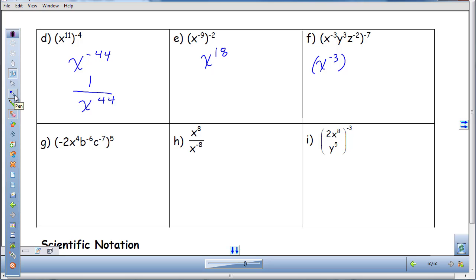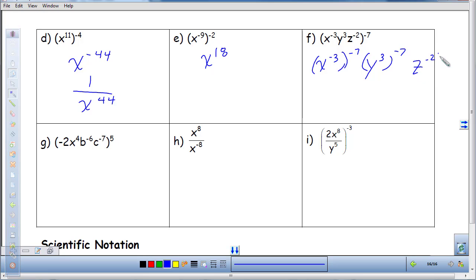So we get x to the negative 3 to the negative 7, y cubed to the negative 7, and then z to the negative 2 to the negative 7. So we get x to the 21st, y to the negative 21st, z to the 14th. So we're going to end up with x to the 21st, z to the 14th, over y to the 21st.